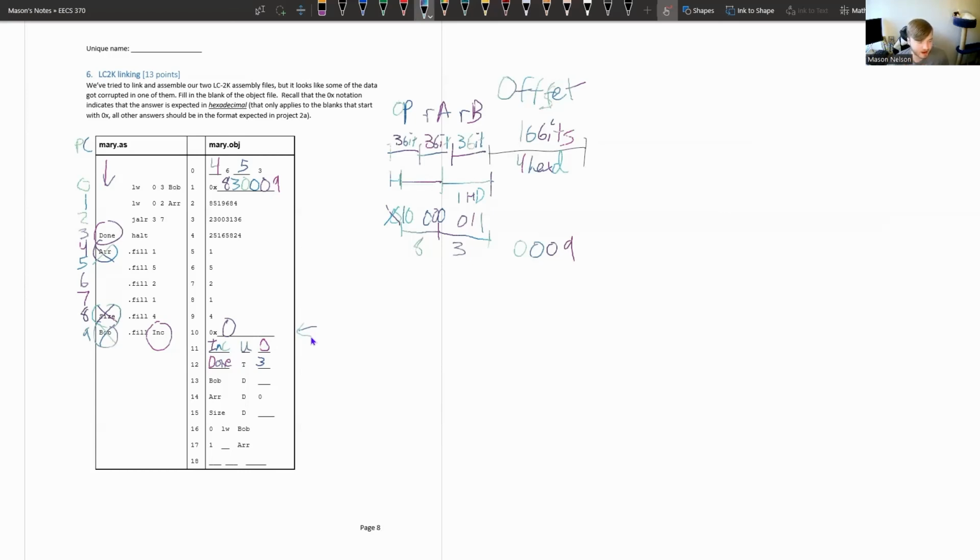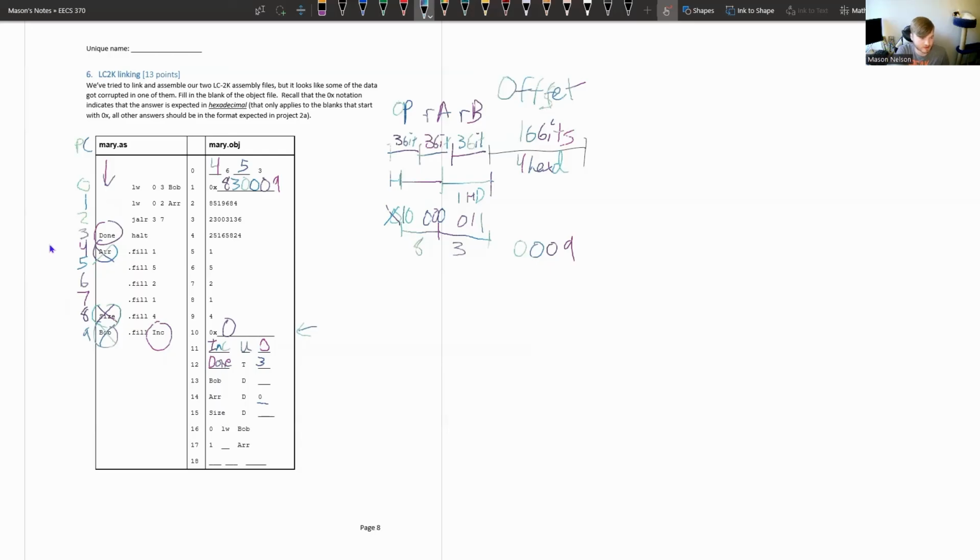Then we have our 3 data-defined global labels, Bob, array, and size. So these offsets, we kind of get this hint from the 0 here, are section relative offsets. So we're not just copying the line anymore, the address. We're going to 0 index from the section of dot fills.